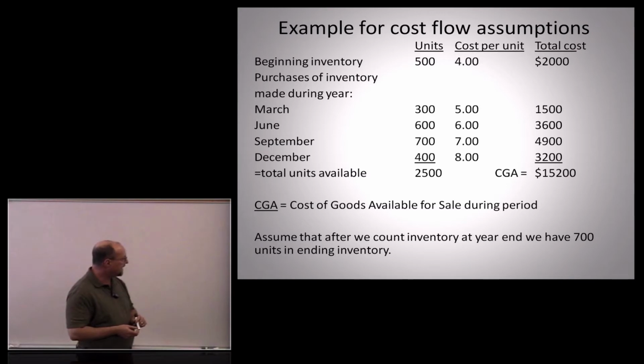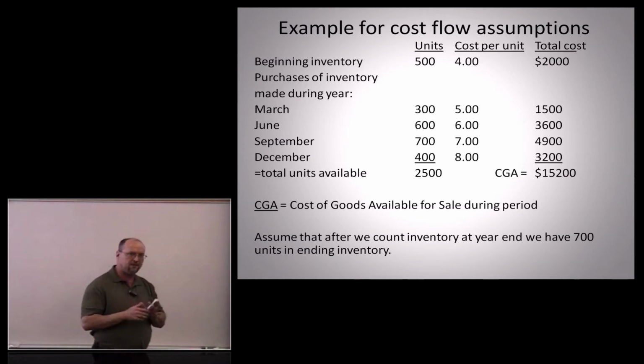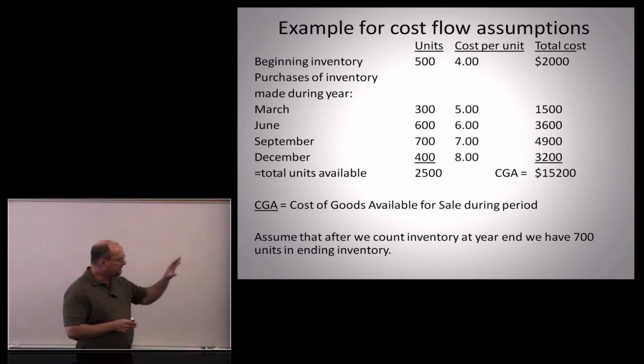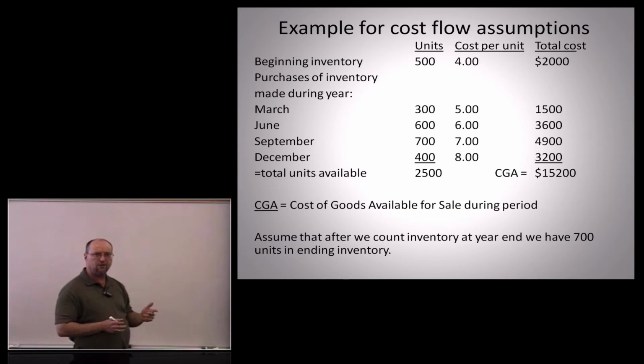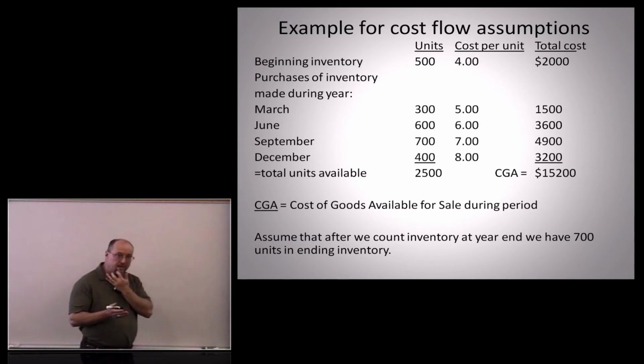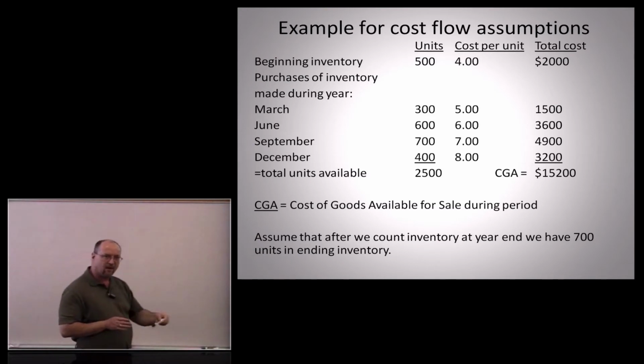Now, here's a useful piece of information. This data, beginning inventory, purchases, and cost of goods available, remain the same. The values are the same for all 3 methods, FIFO, LIFO, and average cost. What will be different is my ending inventory and my cost of goods sold.